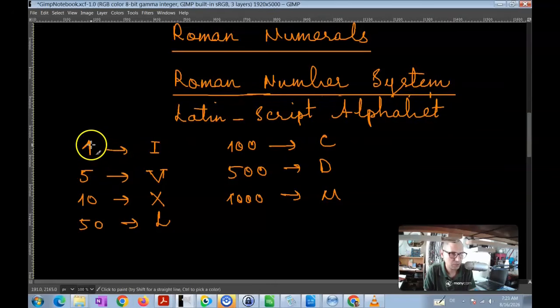So you have only these: the 1, the 5, the 10, 50, 100, 500, and 1,000, and then you can put these together in different ways to create all the numbers that you want to create.